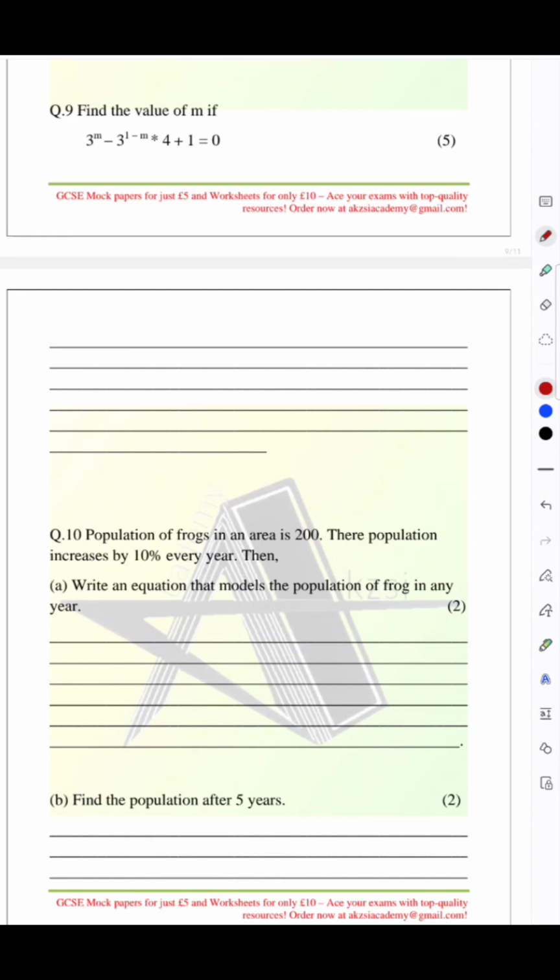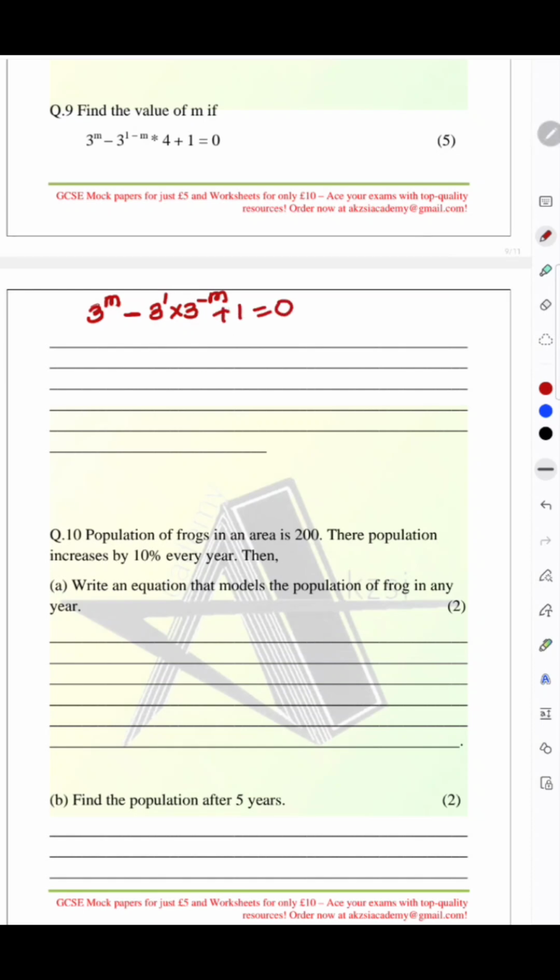It's looking like a very weird kind of equation, but if you try to simplify it, whenever you see such a thing, if you have 3 to the power of 1 minus m, try to split it. 1 minus m can be written as 3 to the power of 1 times 3 to the power of minus m, so 3 to the power of m minus 3 to the power of 1 times 3 to the power of minus m, plus 1 equals 0.